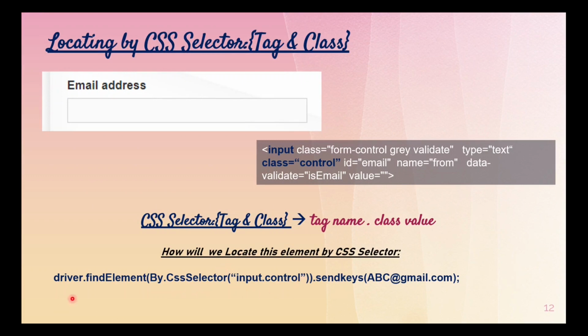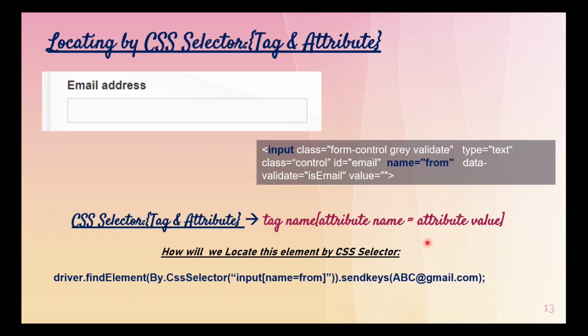It's the same thing. We're just going to write driver.findElement by.cssSelector input dot, that is the tag name. Your tag name is input, dot, class value. The value of your class is control, right? So I have written control over here. Dot sendKeys abc@gmail.com, whatever text you want to send over here.